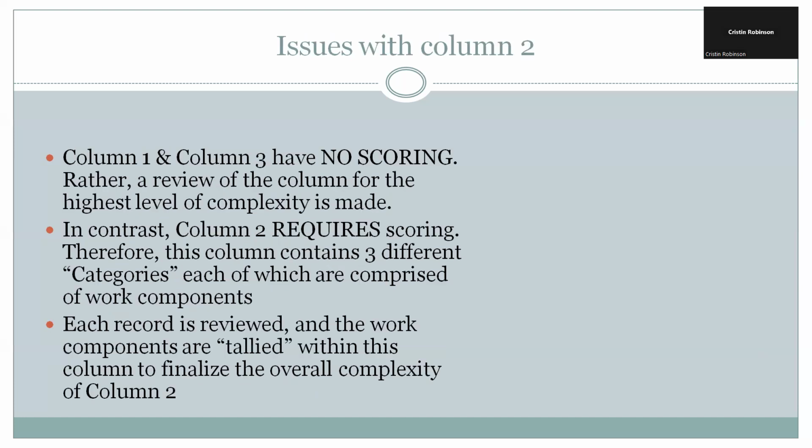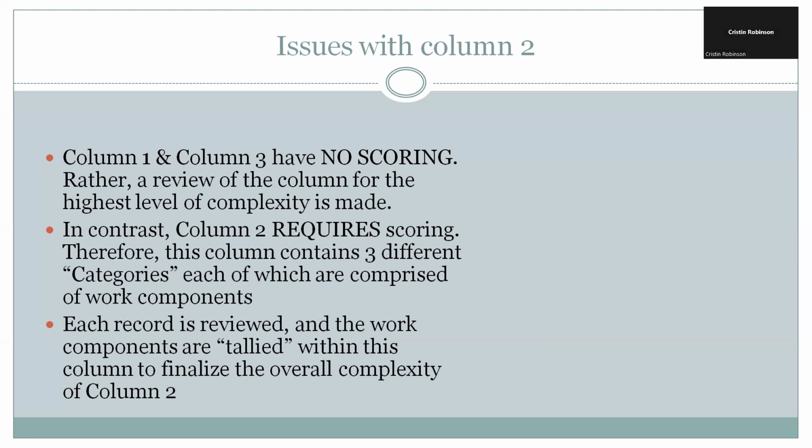So let's talk about issues with column 2. So you have column 1 and column 3 that have no scoring. Rather, a review of the column for the highest level of complexity is made. In contrast, column 2 requires scoring. Therefore, this column contains 3 different categories, each of which are comprised of work components.